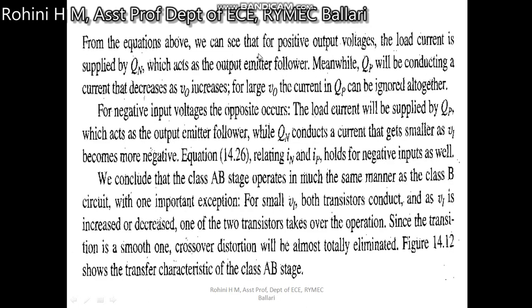From the above equation we can see that for positive output voltage the load current is supplied by the N transistor, which acts as an output emitter follower. Meanwhile, when the P transistor is conducting, the current decreases as Vout increases. For large Vout, the current in the P transistor can be ignored altogether.